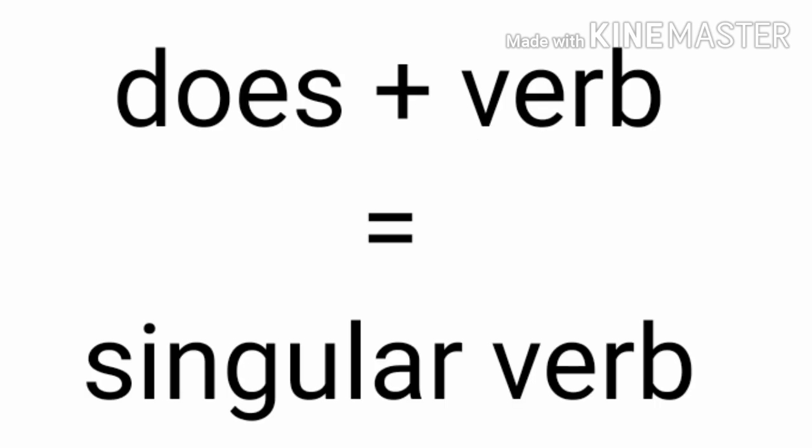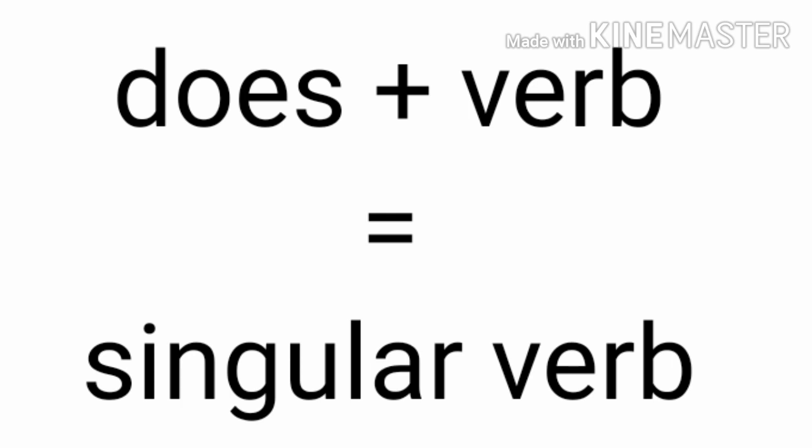Verb is an action word. For example, go, come, play, drink, dance, drive, etc. So in simple present tense, a singular verb is formed with the help of the helping verb does.